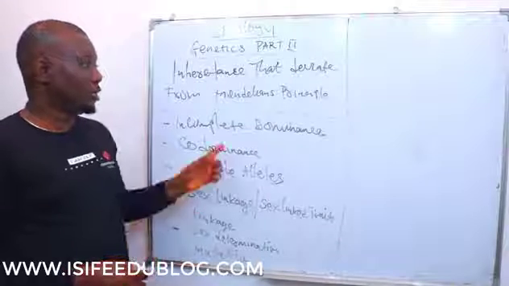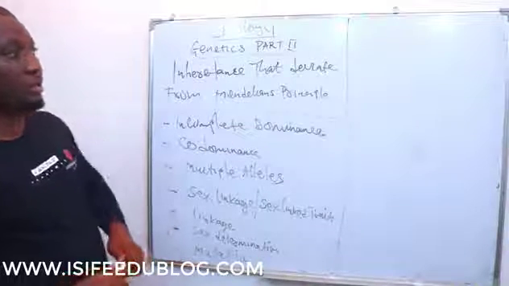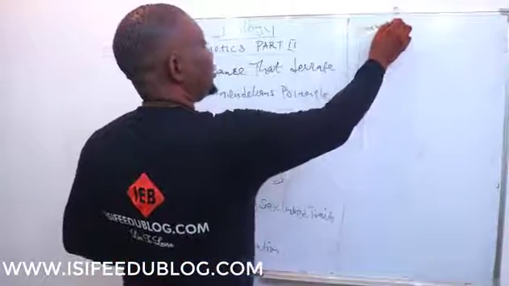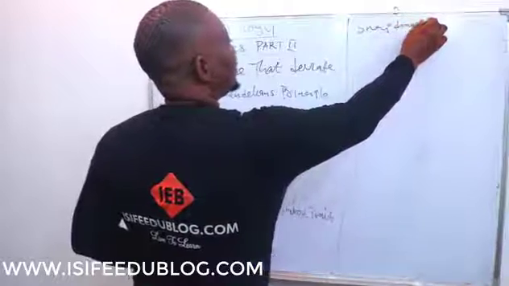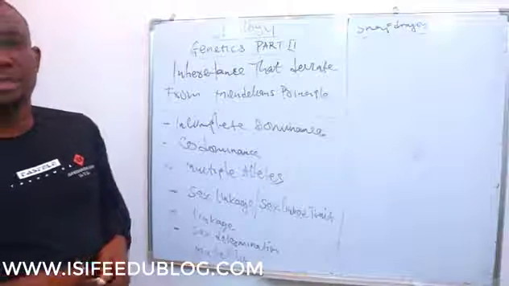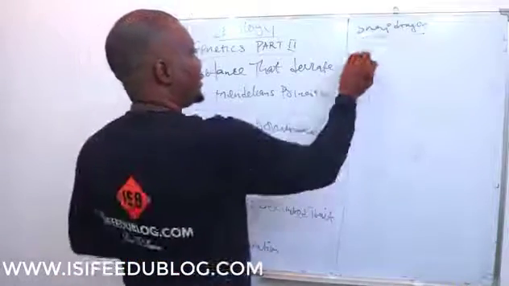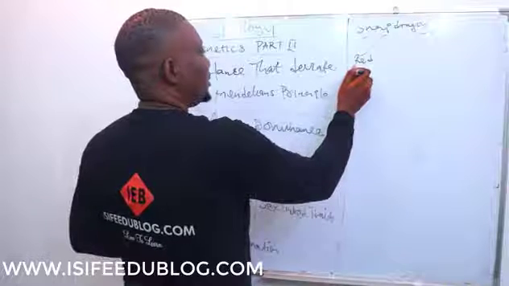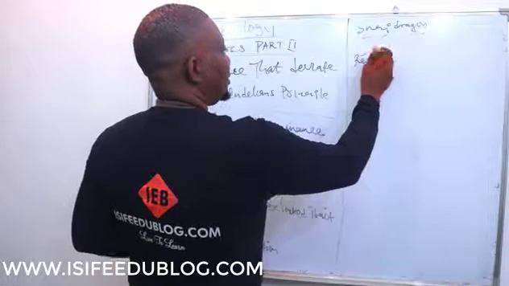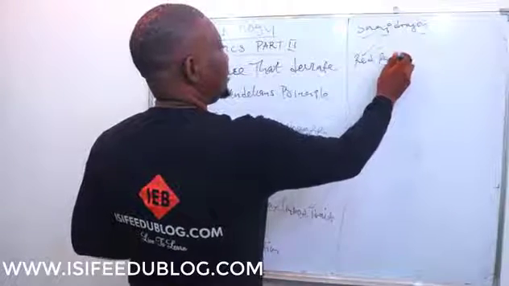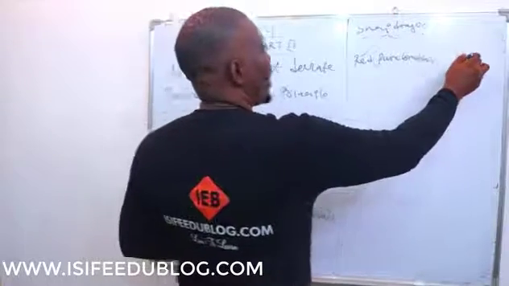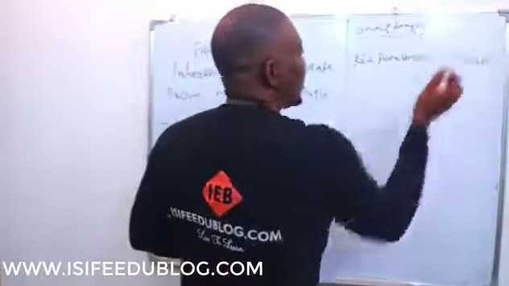The example of incomplete dominance: Mendel described incomplete dominance using the plant snapdragon, where he studied two varieties, the red variety, pure breeding, versus the white variety, also pure breeding.